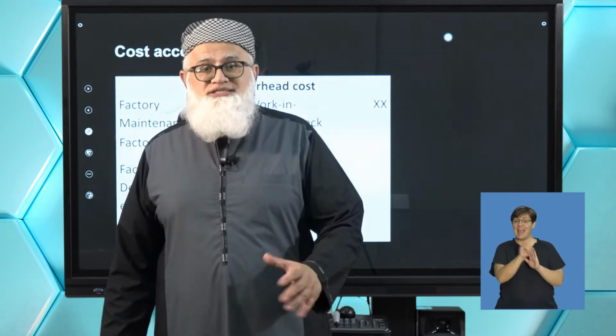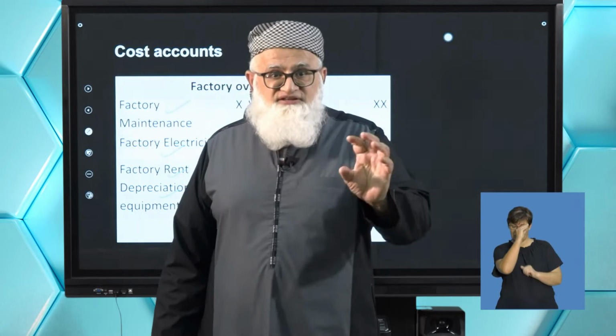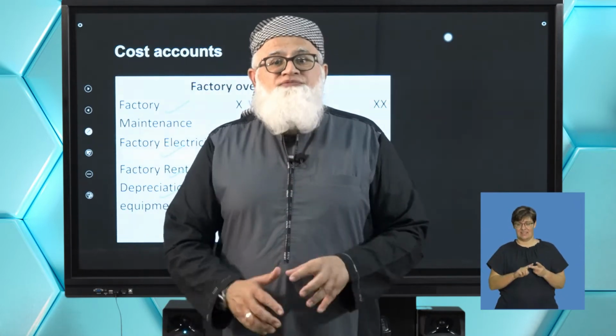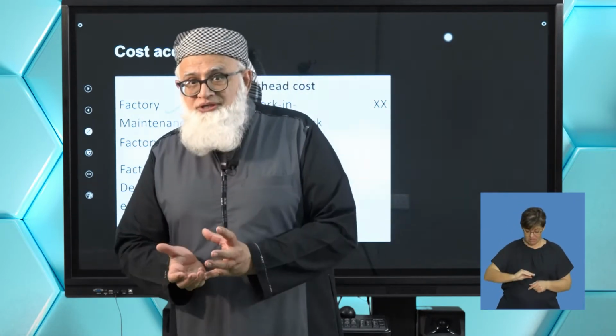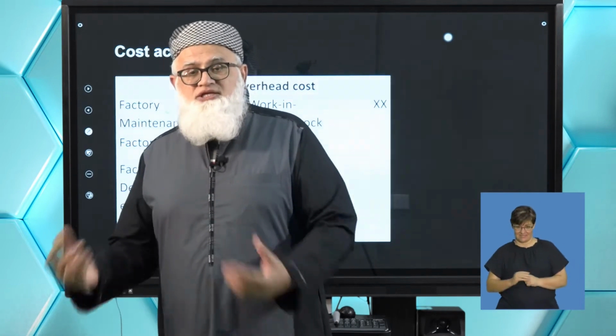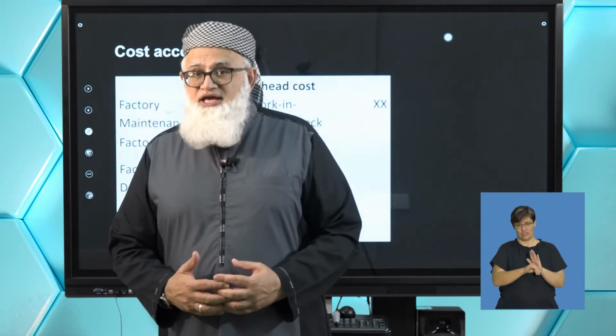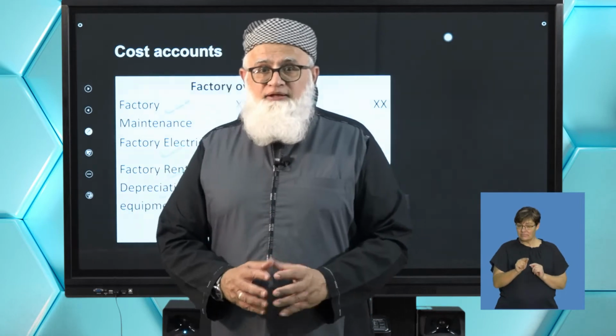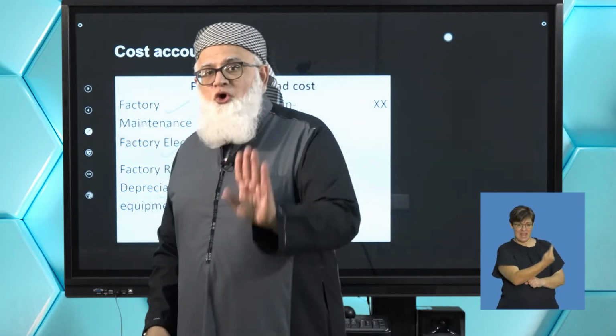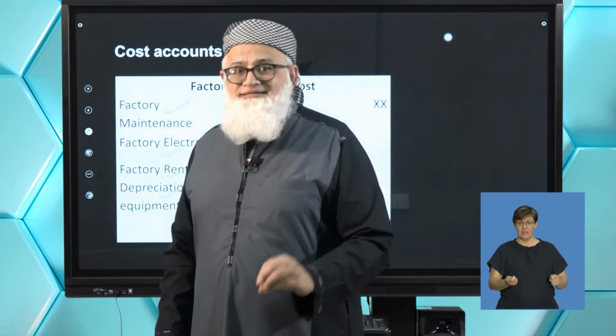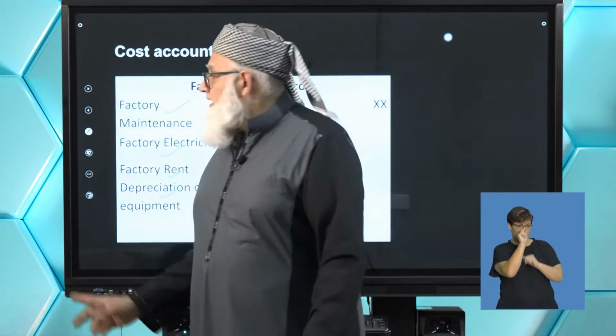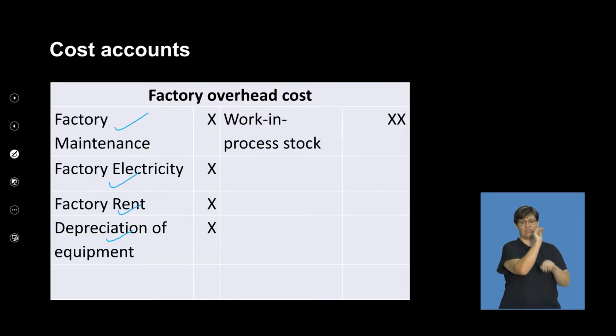The insurance must be apportioned. The factory will get its portion, the selling and distribution its portion, and the admin section its portion of the insurance. So in this way, you can see that all your expenses that deal directly with the factory will go into your factory overhead cost account.